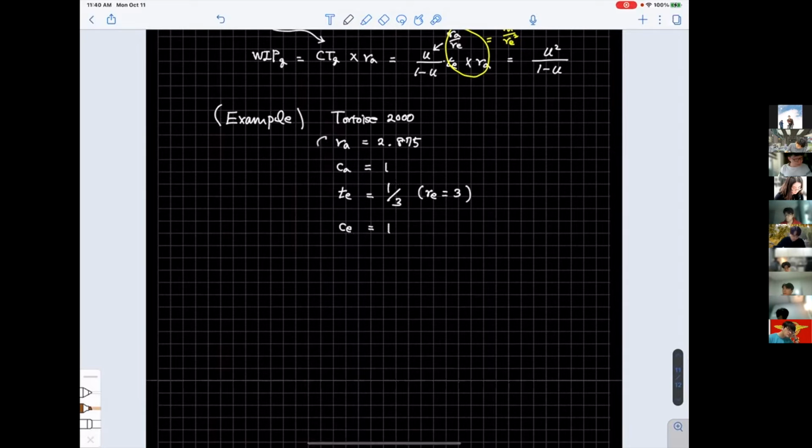This is a very good example. Then please calculate the main performance measures.